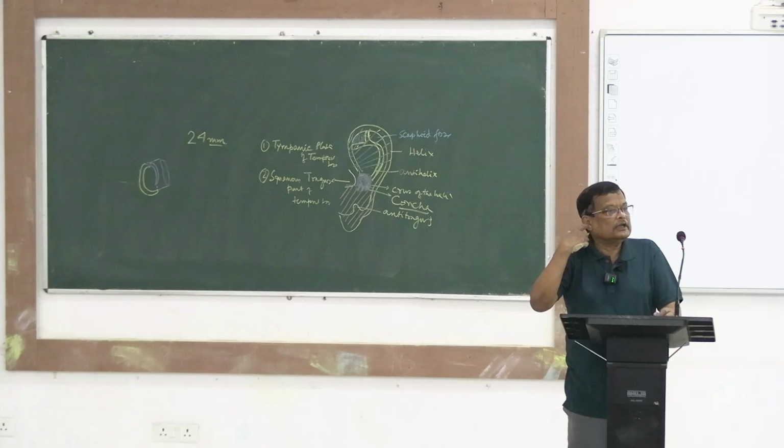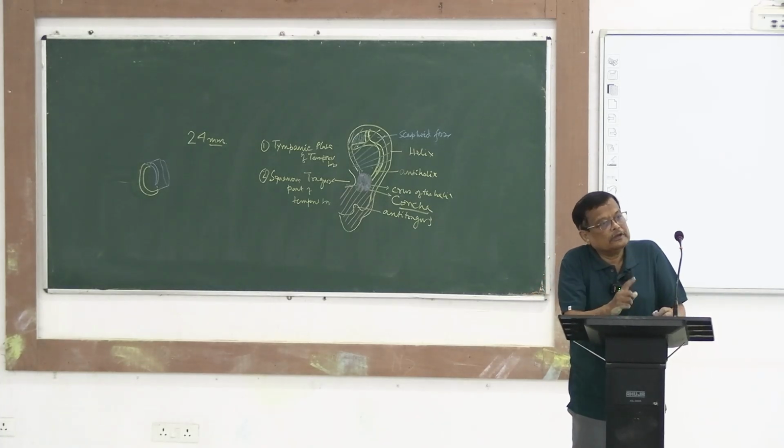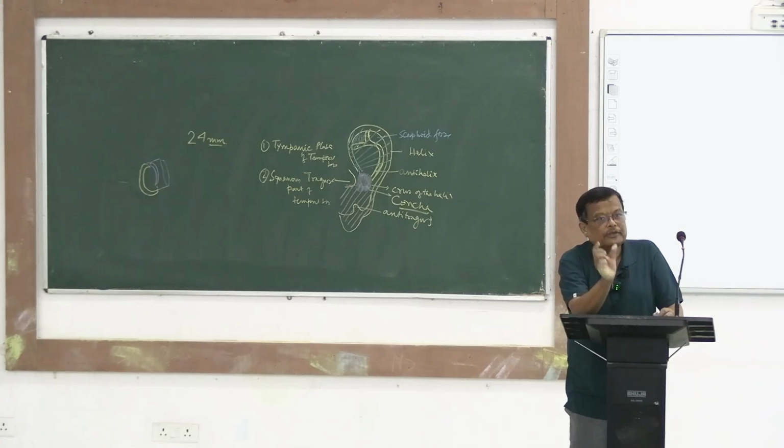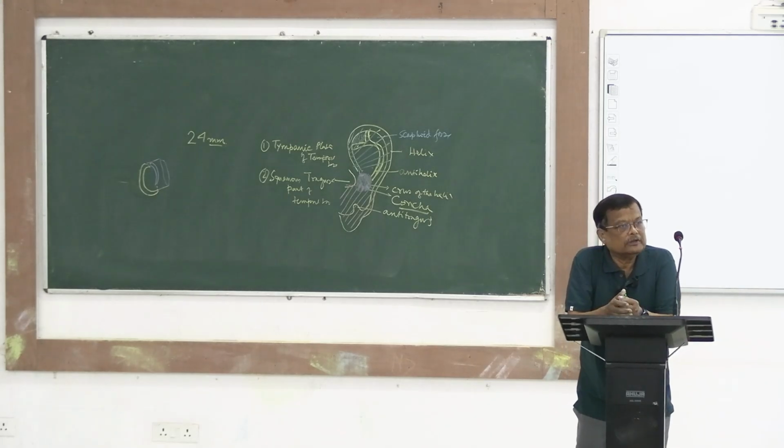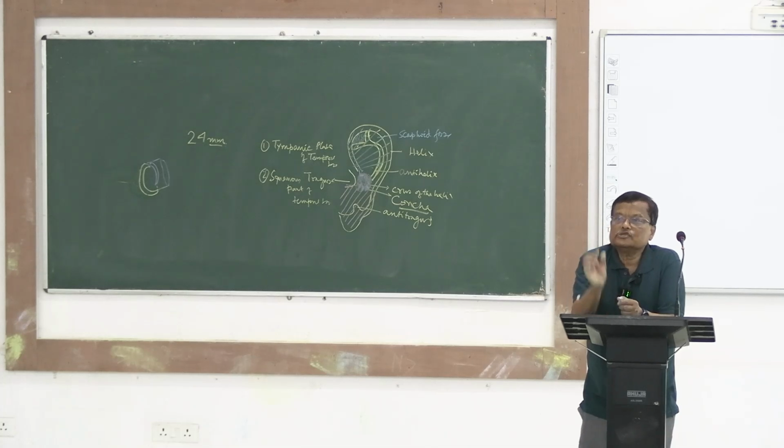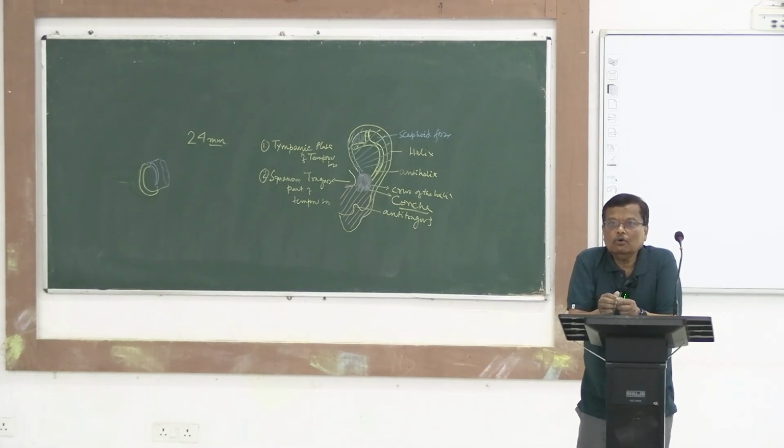If you measure from the concha, it is about 24 millimeter away, right? Because the length of the external acoustic meatus is 24 millimeter, but in infant it is very small, only a ring is represented. So any procedure involving the external ear and external acoustic meatus should be done cautiously, otherwise you will damage the tympanic membrane in children.